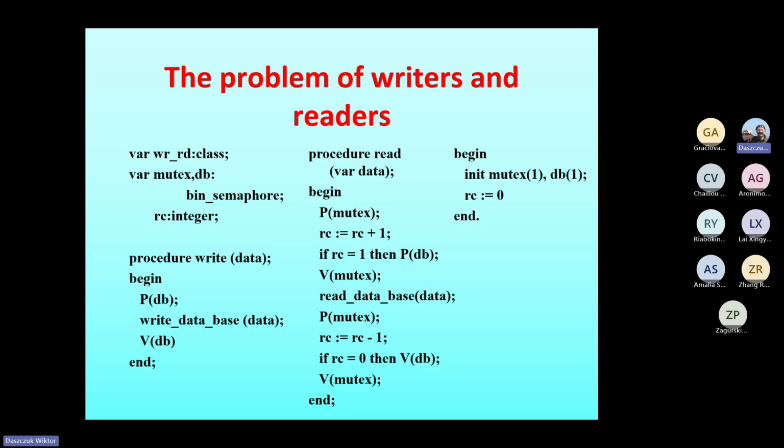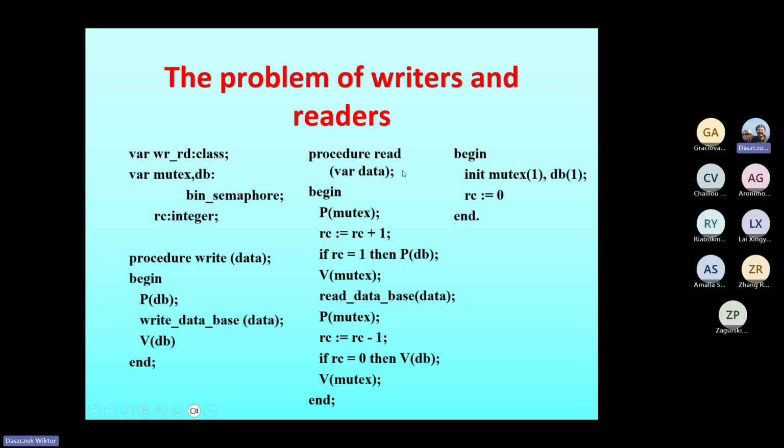Okay, so for access to the database, we have the DB semaphore, and every writer executes P on DB when it wants to write, and V of DB after writing.